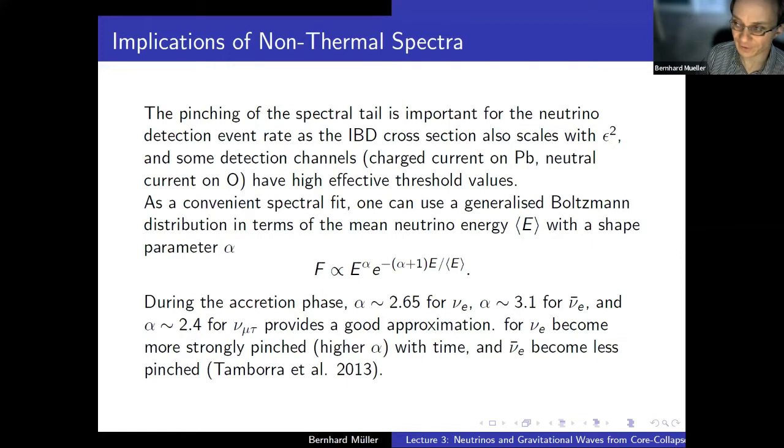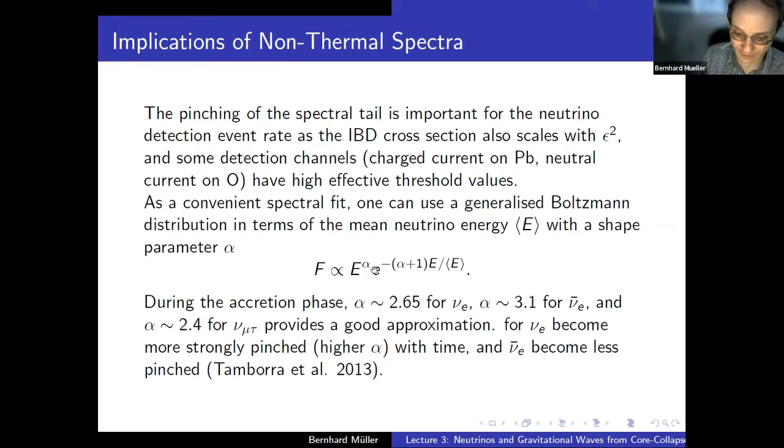You can use various ideas for that, modified Fermi-Dirac spectra, or even just something which is analytically very tractable, a generalized Boltzmann distribution, where the dependence of the flux on the energy has a general power law factor E to the alpha included, and basically depending on how much your spectrum is pinched compared to a Fermi-Dirac spectrum, this shape parameter alpha will take on different values.